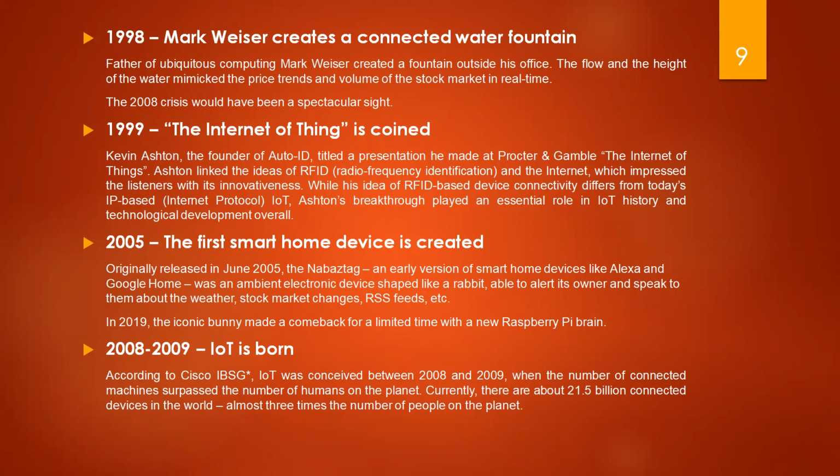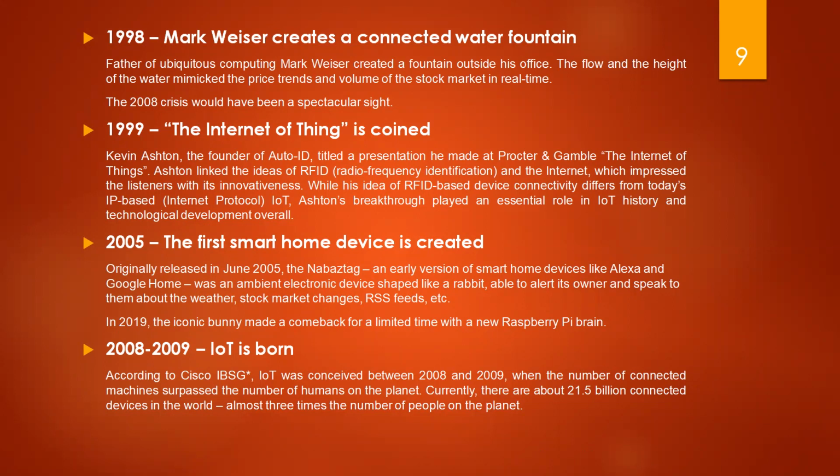Ashton linked the ideas of RFID, radio frequency identification, and the internet, which impressed the listeners with its innovativeness. While his idea of RFID based device connectivity differs from today's IP based, Internet Protocol, IoT, Ashton's breakthrough played an essential role in IoT history and technological development overall.